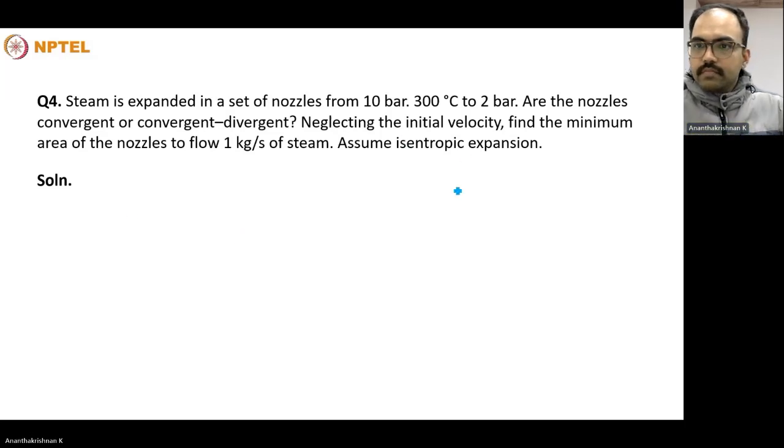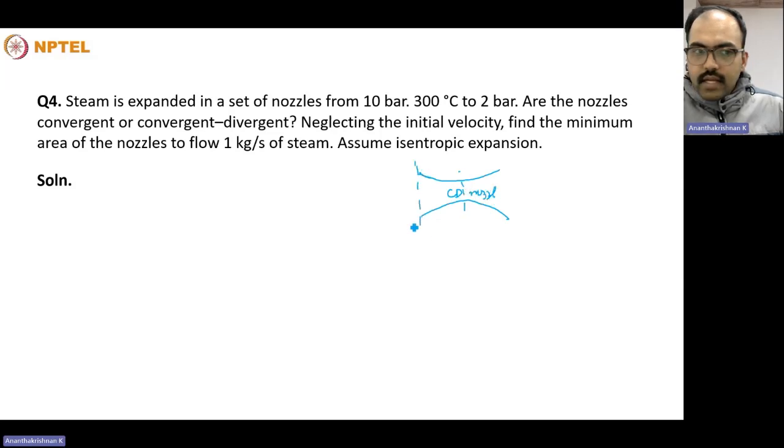It could be assumed that it can be a convergent divergent nozzle. So in this case, the starting point will be 0 and the ending point will be 1, and this is the throat section.